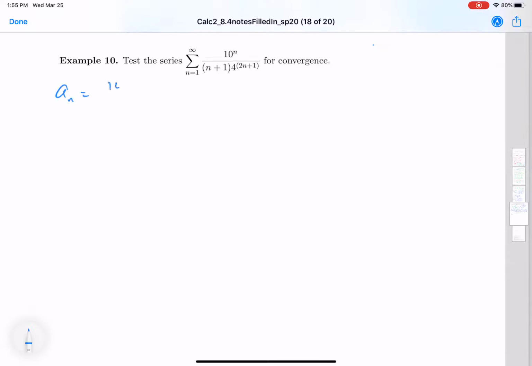All right, let's try this one. Here my a sub n is 10 to the n over n plus 1 times 4 to the 2n plus 1. Ooh, that's ugly. A sub n plus 1 is going to be 10 raised to the n plus 1 divided by n plus 2, that's n plus 1 plus 1, times 4 to the 2 times n plus 1 plus 1.